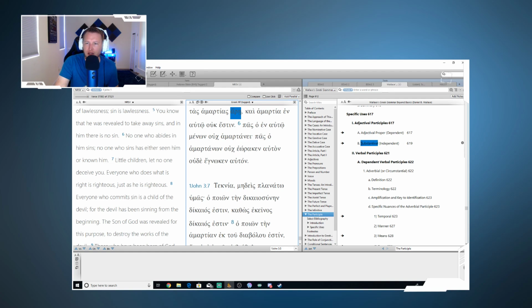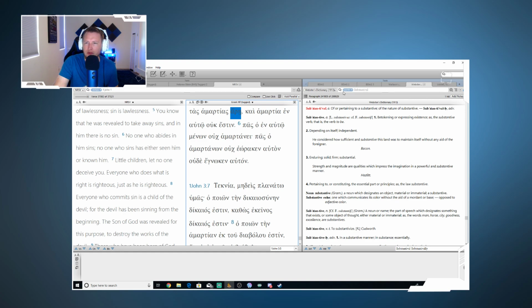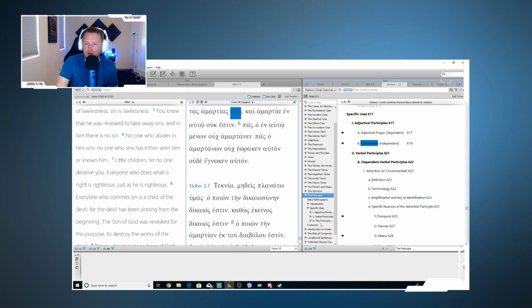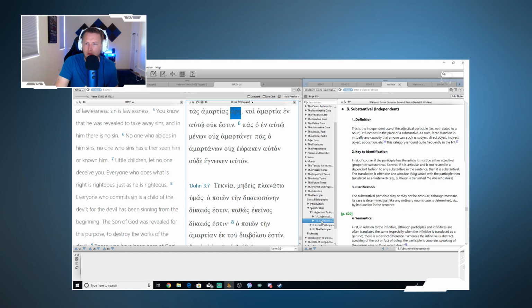It's definitely substantival. Whoops. This is the independent use of the adjectival participle, not related to a noun. It functions in the place of a substantive.